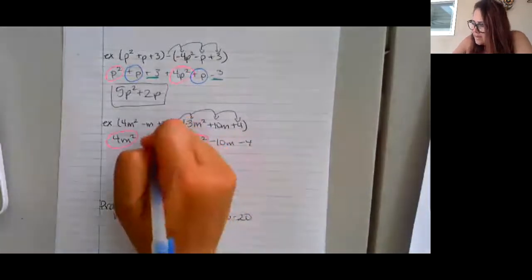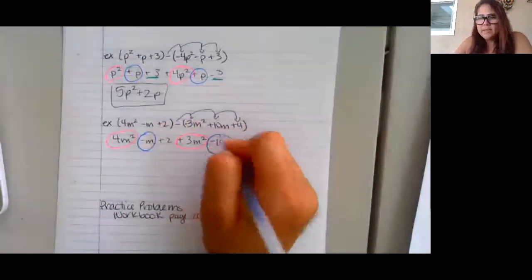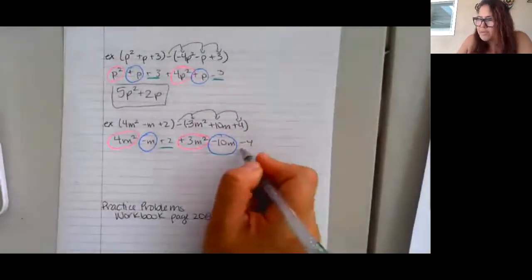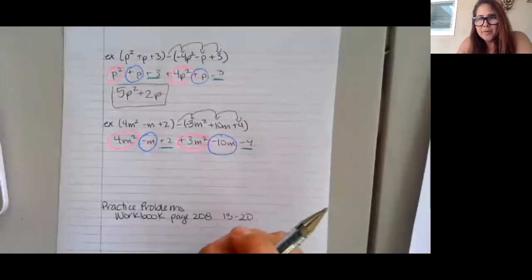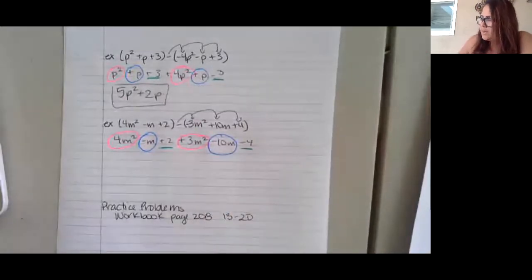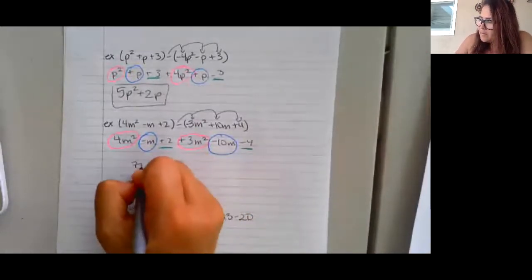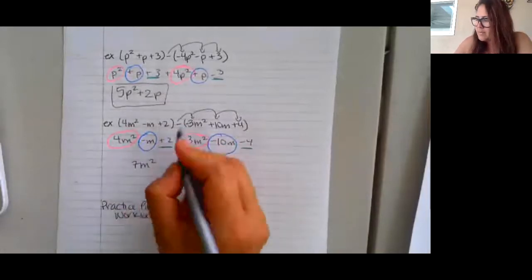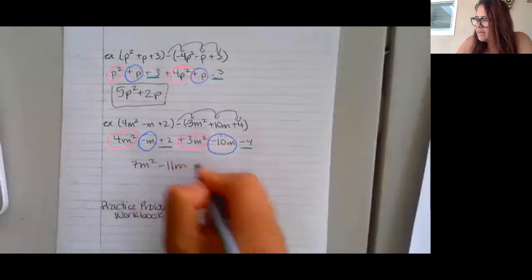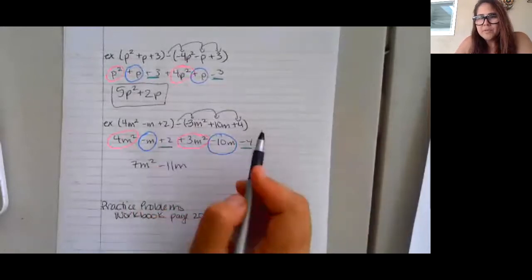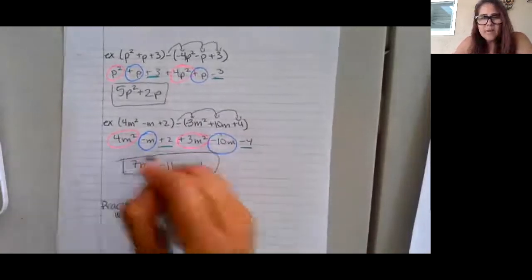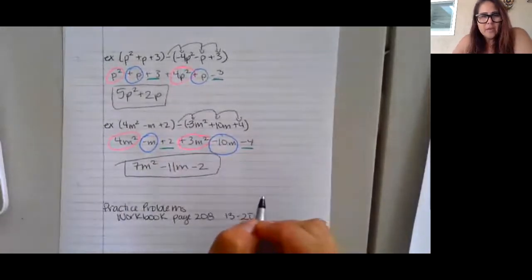I have negative m, negative 10m, and I've got positive 2 and negative 4. I've got 7m squared, and I've got a negative 10 and a negative 1, which gives me negative 11m, and a positive 2 and a negative 4, which gives me negative 2. So there's your answer for those.